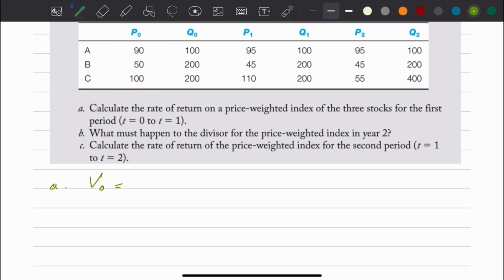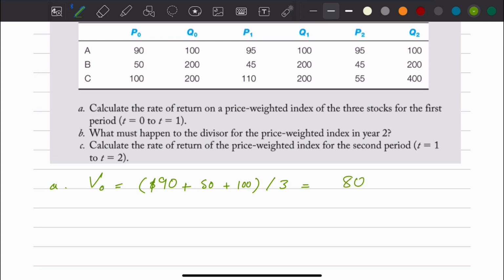Okay, so $90 plus $50 plus $100, all divided by the number of shares, which is 3. Using a calculator, 90 plus 50 plus 100, that is 240 divided by 3, that will give us 80.